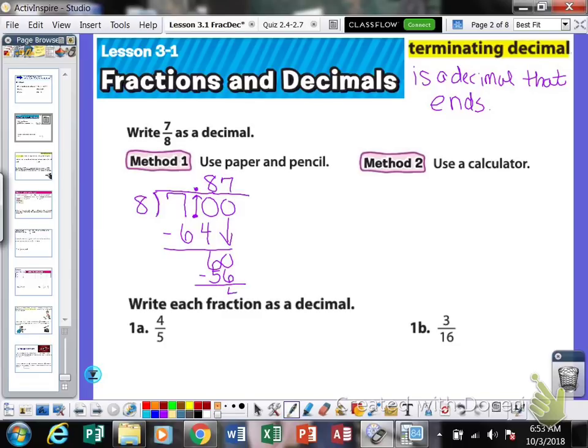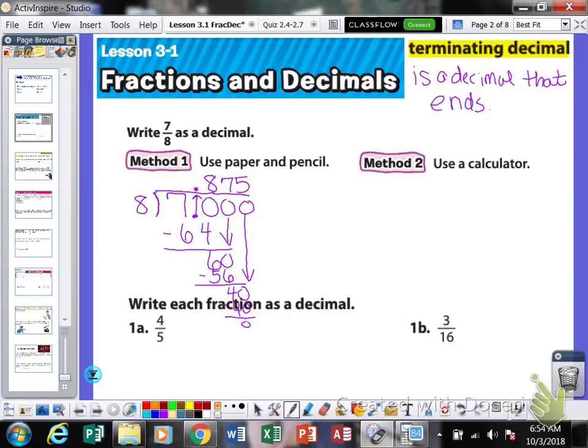We subtract, I get 4. Add another 0, drop it down. 8 goes into 40 5 times, minus 40, I get 0. So we get 0.875 or 875 thousandths.